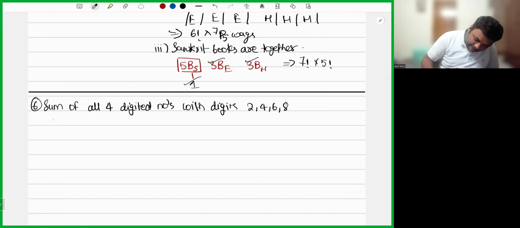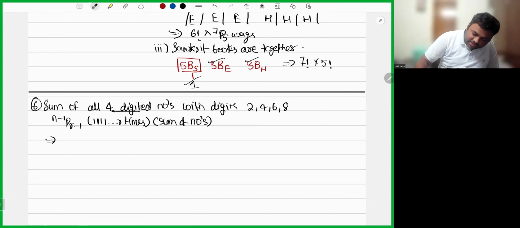Formula is (n minus 1)P(r minus 1) into 1, 1, 1, 1, so on r times, into sum of numbers. This is the formula what we use. 4-digit number from 4 digits. N is equal to 4, r is also equal to 4.